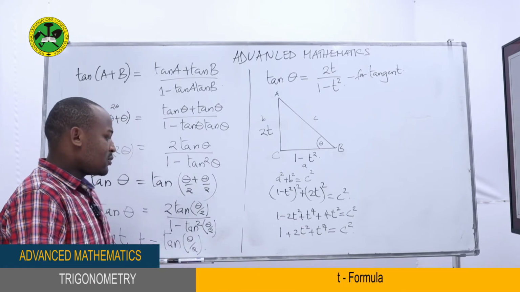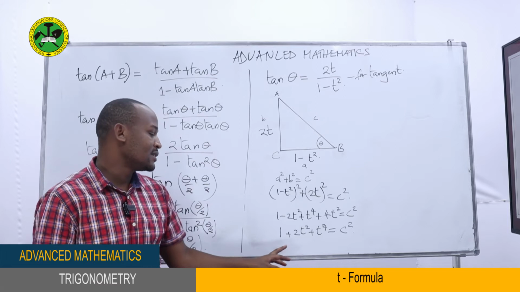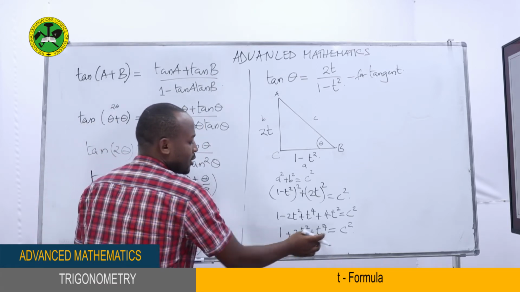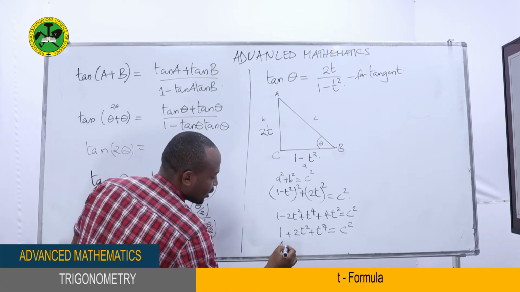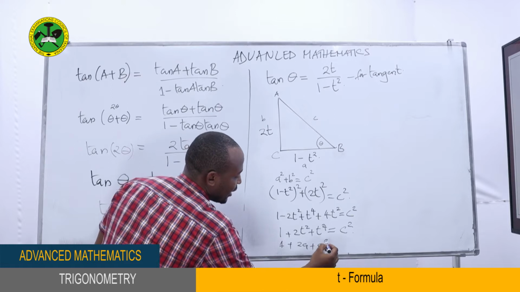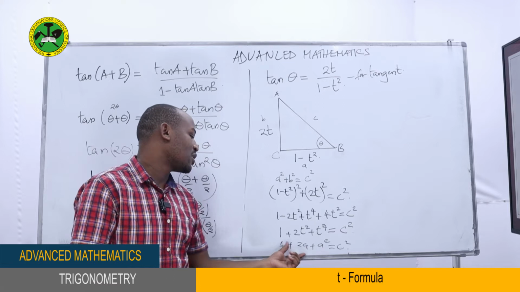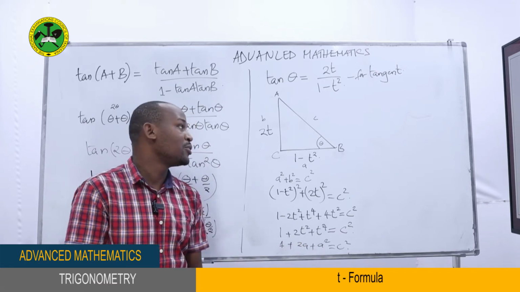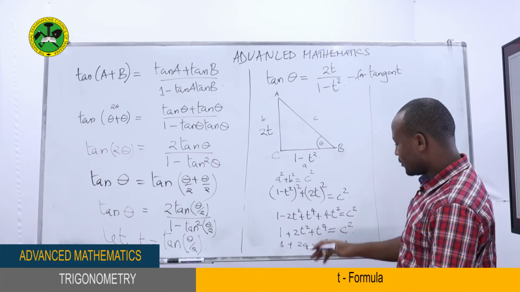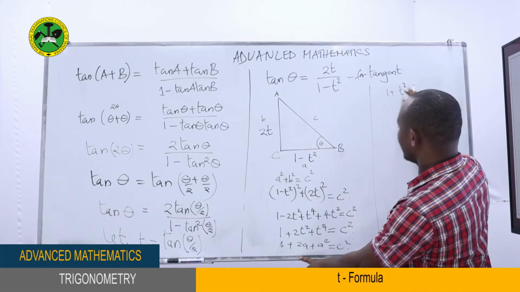Now, you will see that this can be a quadratic if we let t square be another letter. For example, if t square is equal to a, that means we are going to have 1 plus 2a plus a square equals C square. If you look carefully, this is a quadratic expression that has repeated factors.